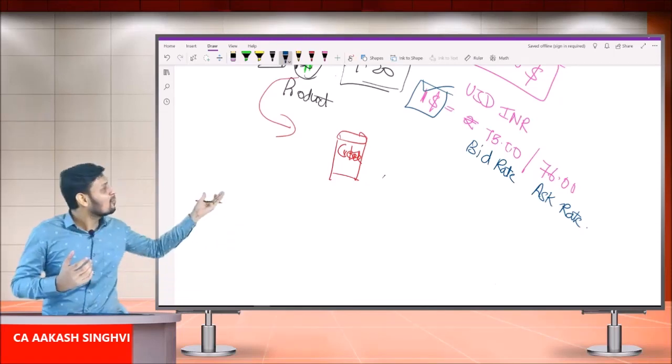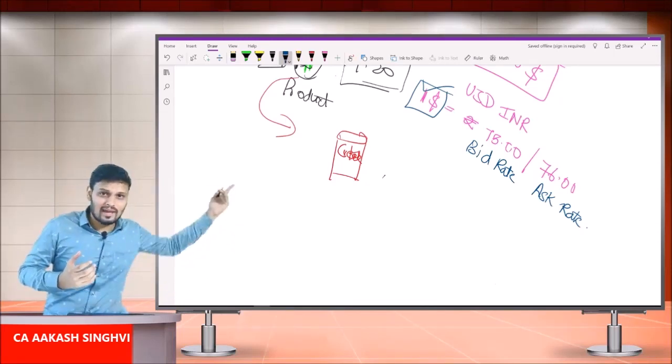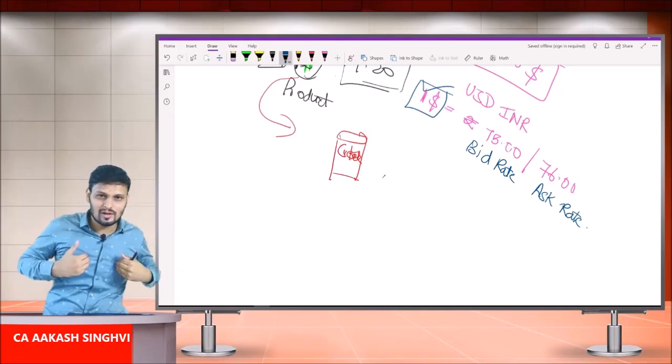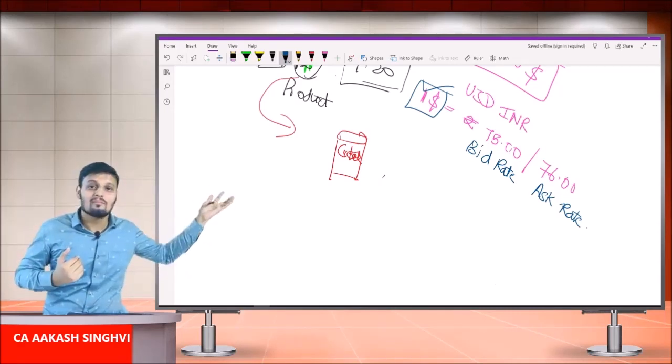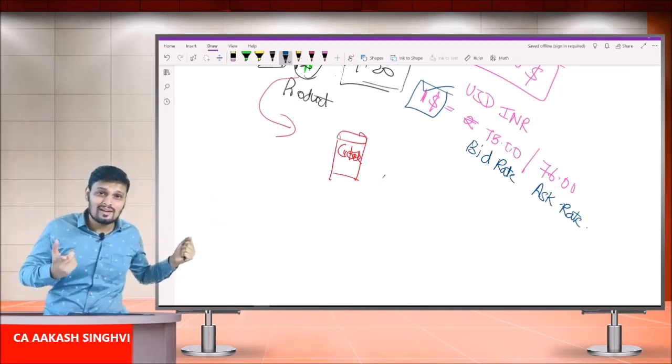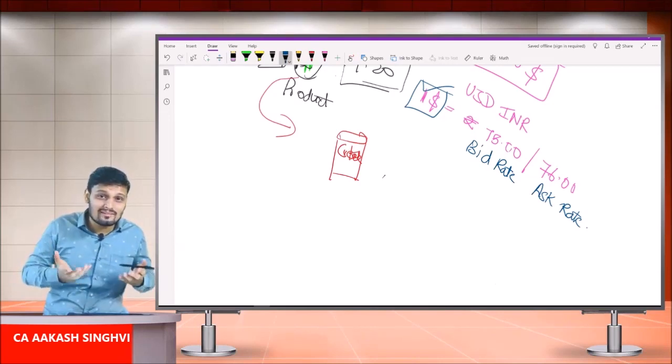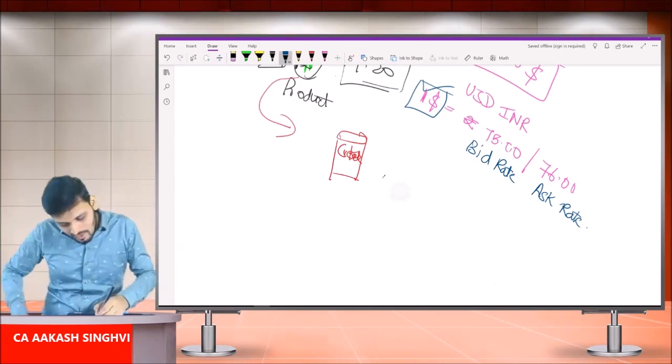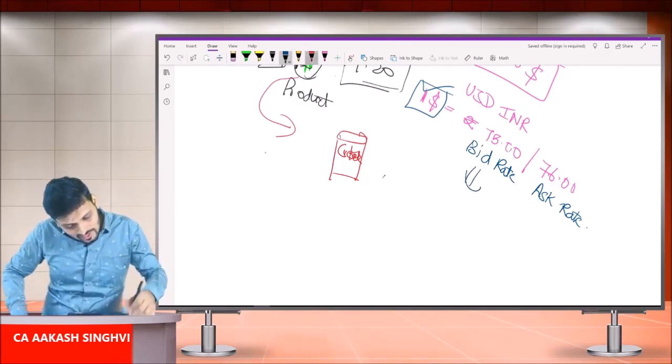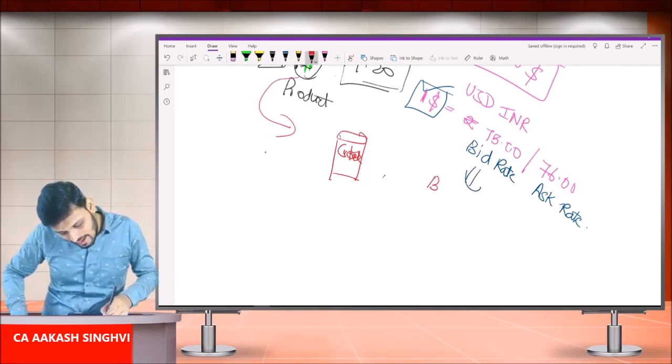When I, Western Union, go to my supplier to buy dollars at 75 or 76, obviously I will try to buy at 75. So the bid rate, in short, is the bank buy rate.